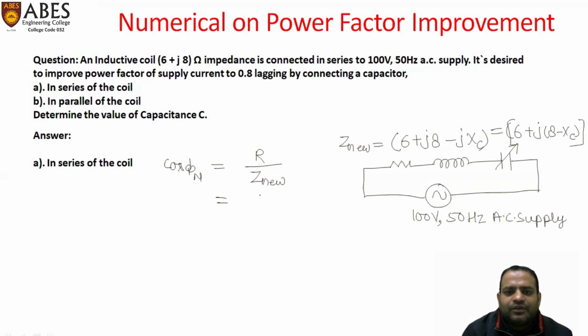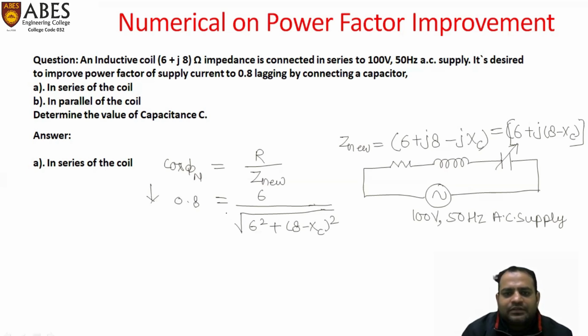So putting in the values, 6 divided by the square root of 6 square plus (8 minus XC) whole square. The new power factor should be 0.8, so we put 0.8 here.